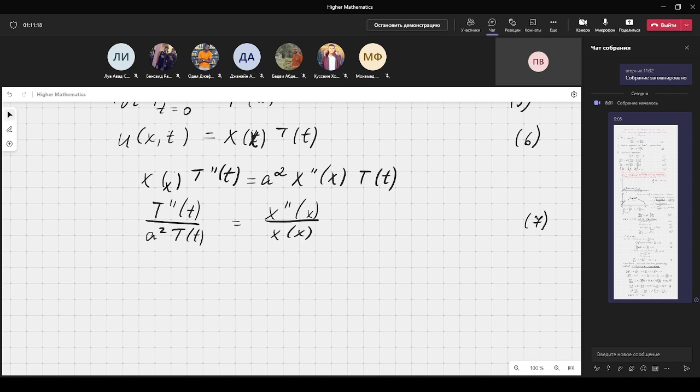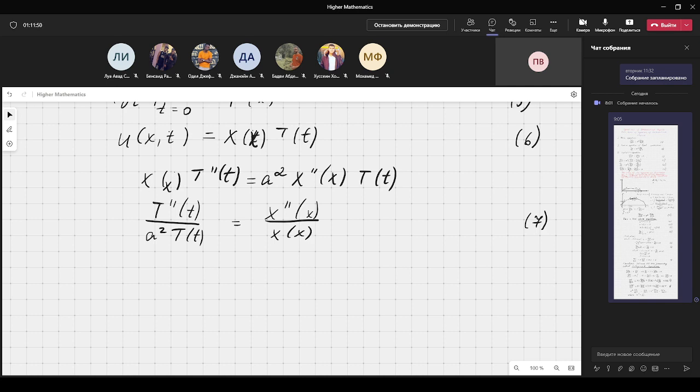The left member of this equation is a function that does not depend on x. The right member is a function that does not depend on t. Equation 7 is possible only when the left and right members depend neither on x nor on t, that is, are equal to a constant number. We denote it by minus lambda, where lambda is greater than 0.